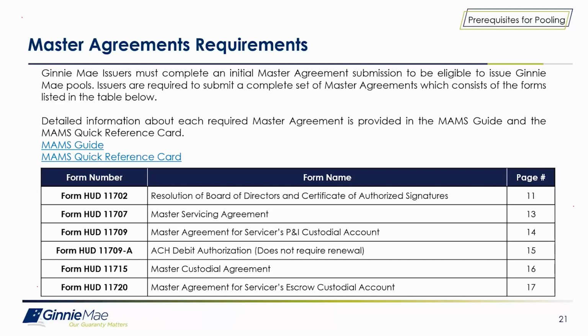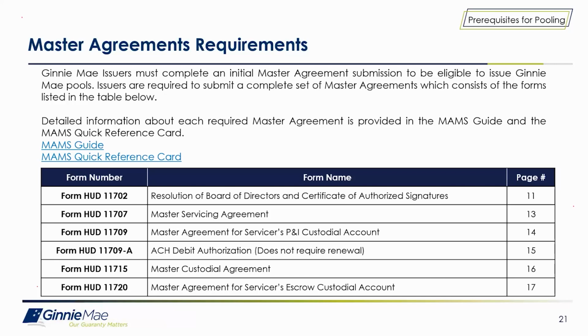You have the Form HUD 11702. That's the one that people talk about all the time. Of course, the resolution of board of directors and certificate of authorized signers. So if you're an authorized signer for your company, you're going to be on that Form 11702. If you're going to need an RSA token, you need to be on that Form 11702.